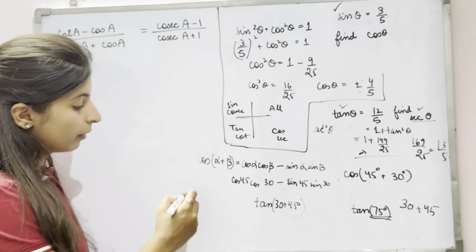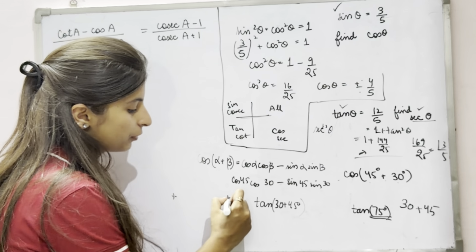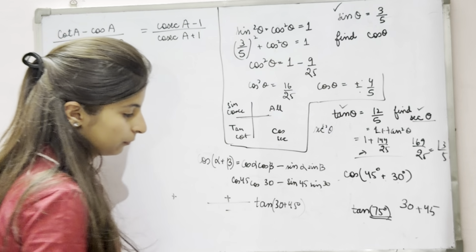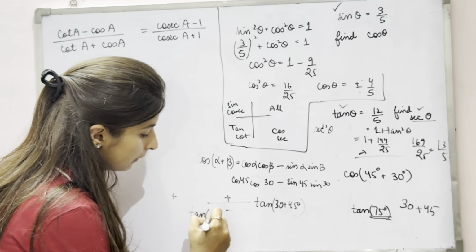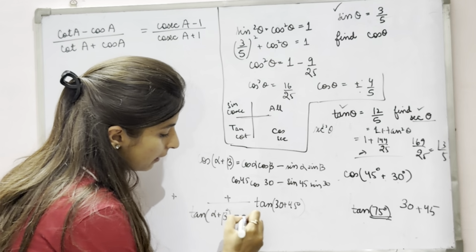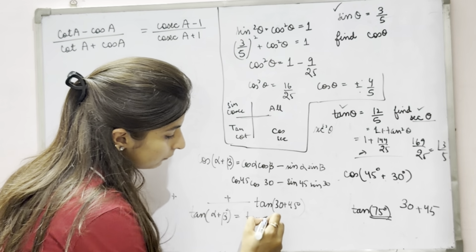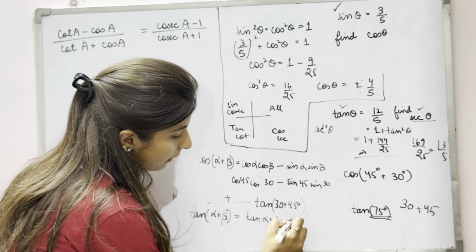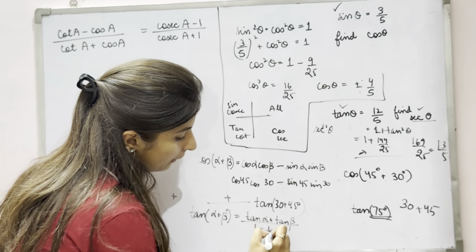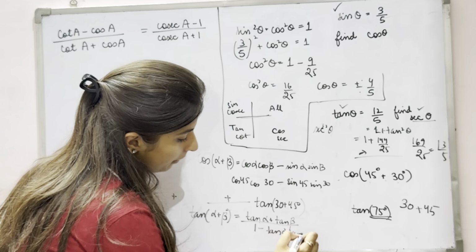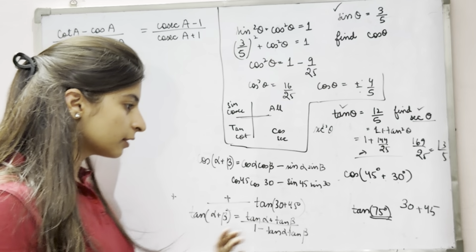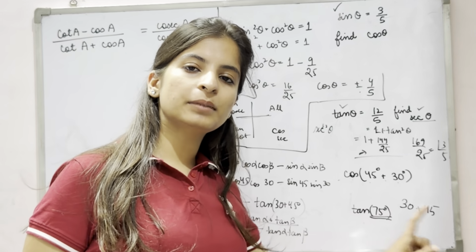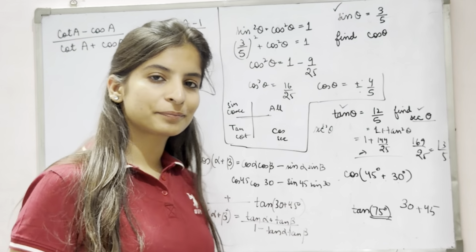I told you, here it is plus, so I write plus on top and minus below. Tan alpha plus beta equals tan alpha plus tan beta upon 1 minus tan alpha tan beta. Through this you can replace alpha with 30 and beta with 45 and find the answer. Is this alright?